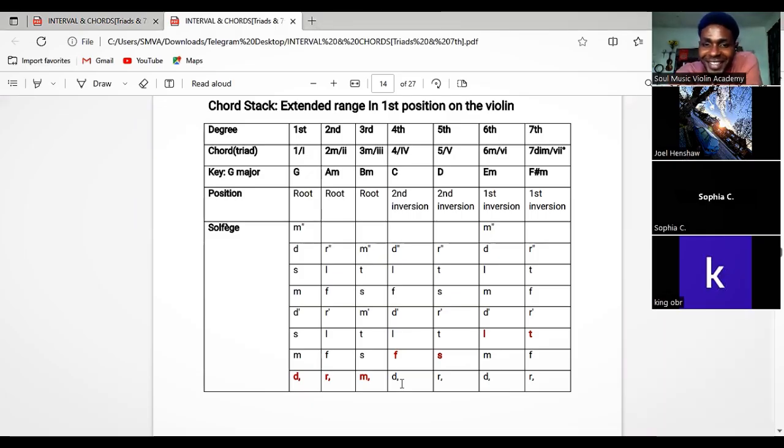Wait, let me check it again. Sophia, because of the placement of the string equipment where your hand is going to touch. I don't understand that one. Sophia, are you there? Why did I start from second inversion?